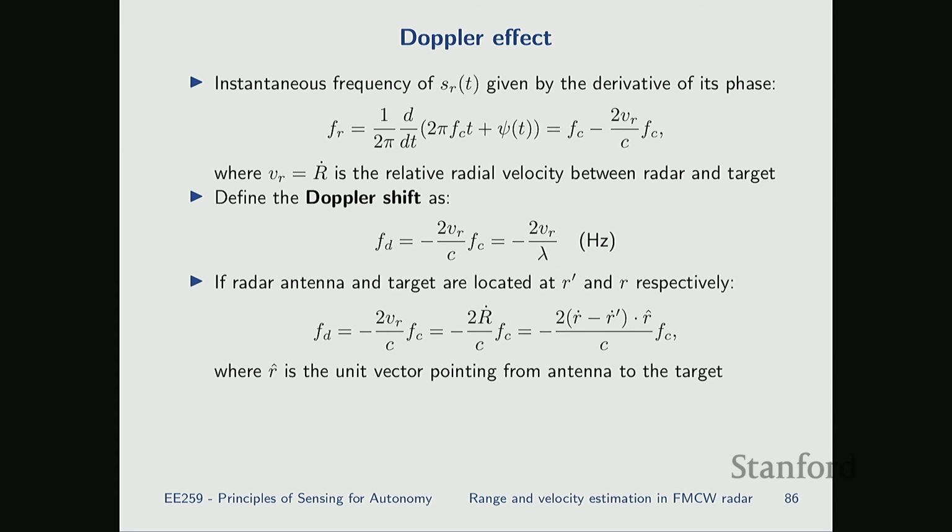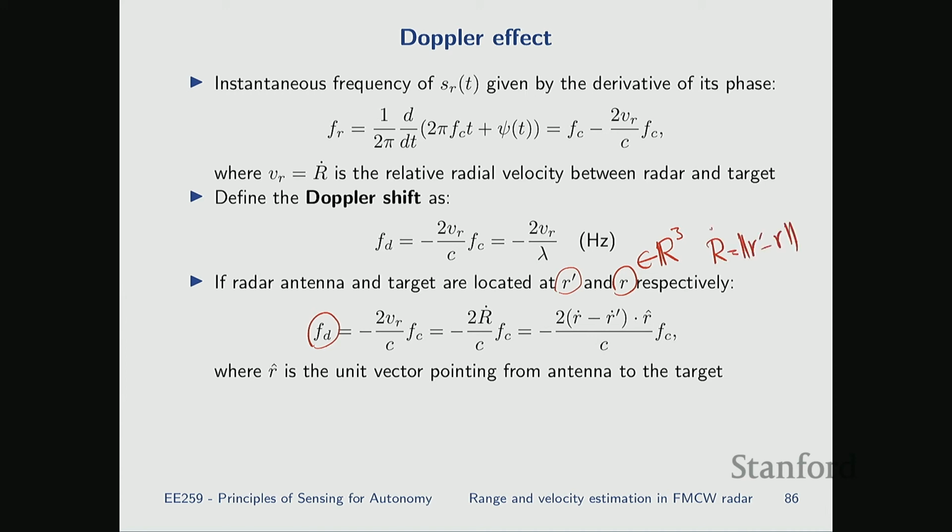Also, if you want, we can write Doppler shift in terms of the actual positions of the radar and the target. So if radar is at position r prime and the target is at position r, and these are vectors in R3 now, then r is equal to the norm of r prime minus r.